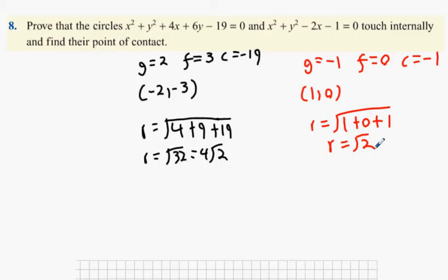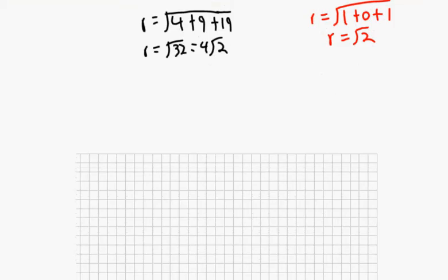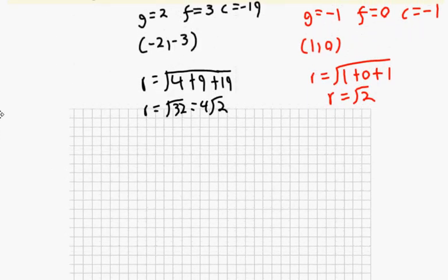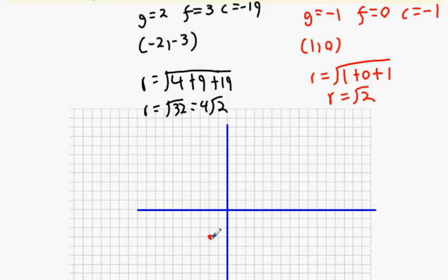Yeah. Now, I want to draw the two of these out for you. Just a quick diagram of them. The first one has a centre of -2, -3, and it has a radius of 4 root 2.